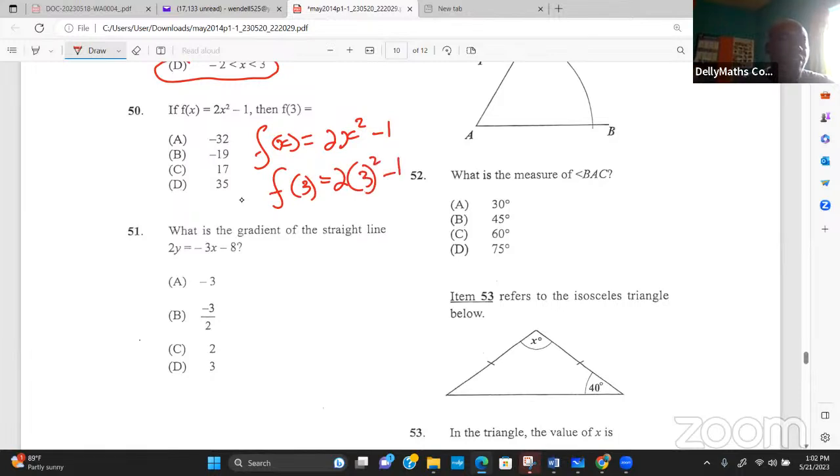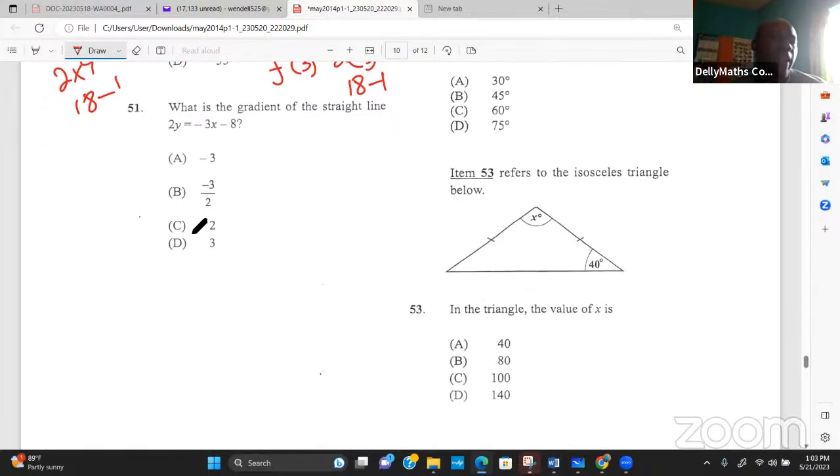Remember, 3 squared means 3 times 3, that's 9. 2 times 9, that's 18. Take away the 1, 17. So we're flowing slowly but surely.